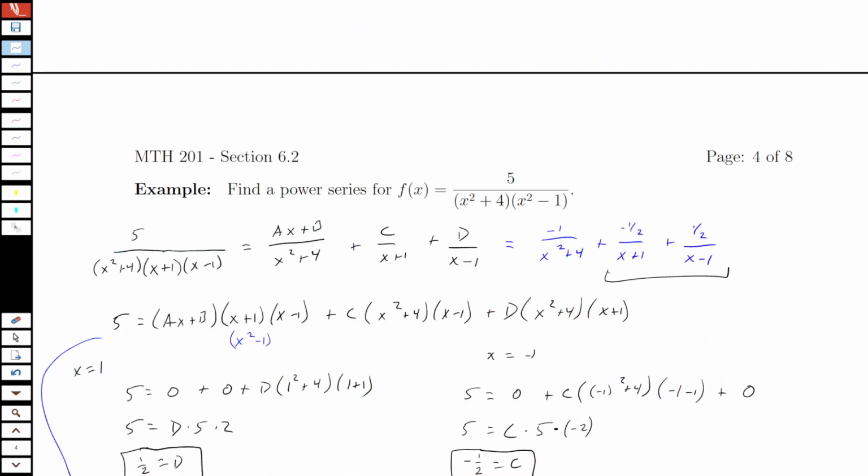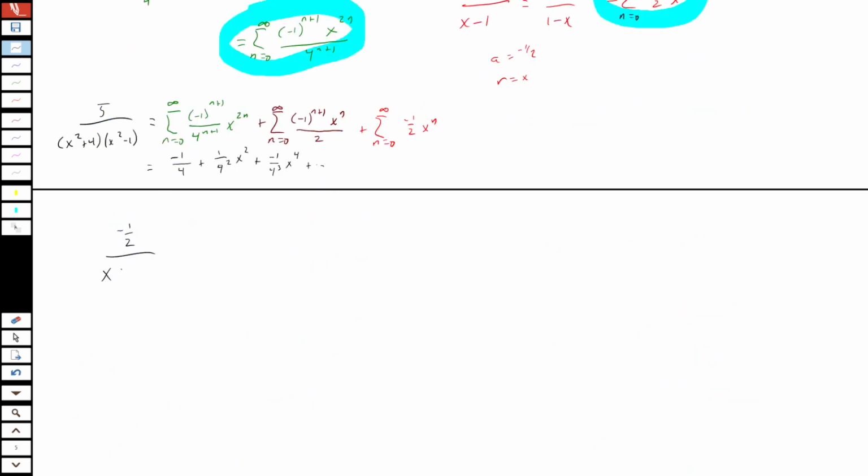So what if I take a negative half over x plus 1 and then a positive half over x minus 1, and I get common denominators and combine them.